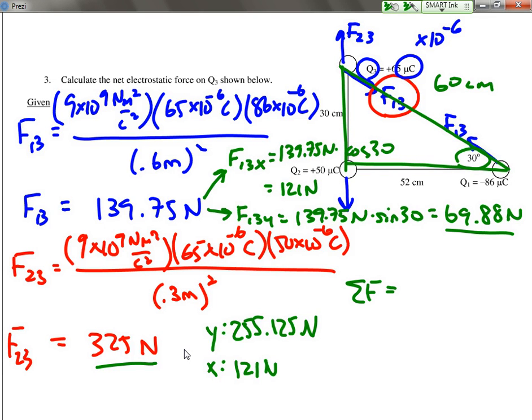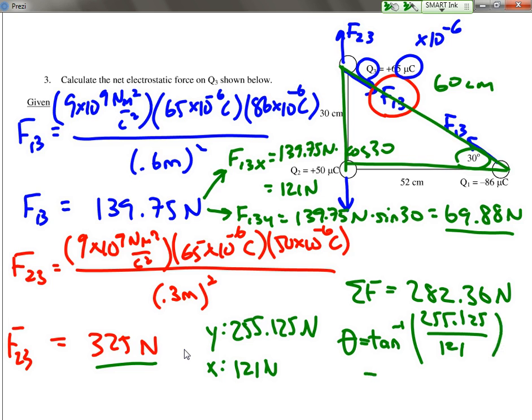using Pythagorean theorem ends up equaling 282.36 newtons, at an angle of inverse tan y over x equals 64.63 degrees above the x-axis.